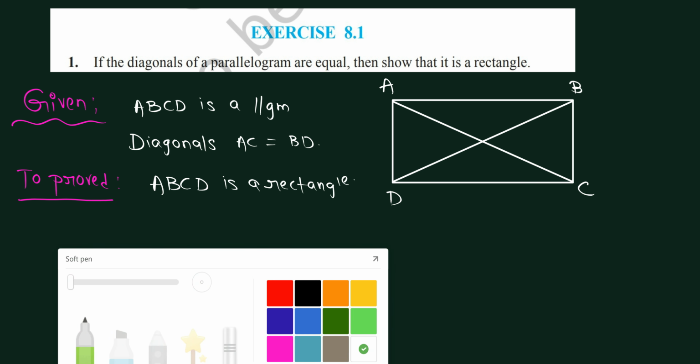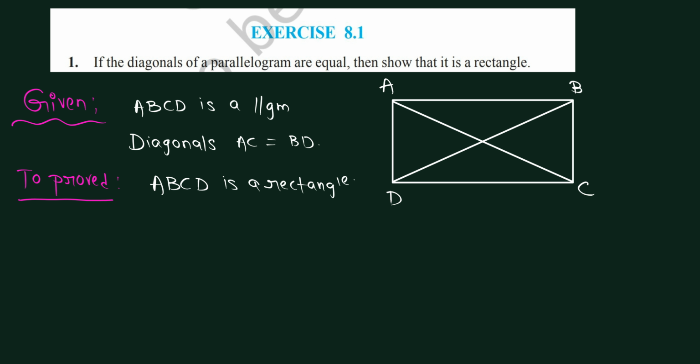Rectangle means in a rectangle each angle value is equal to 90 degrees. So we need to prove angle A equal to angle B equal to angle C equal to angle D equal to 90 degrees, each angle of the parallelogram equal to 90 degrees. Okay, so next, the proof.